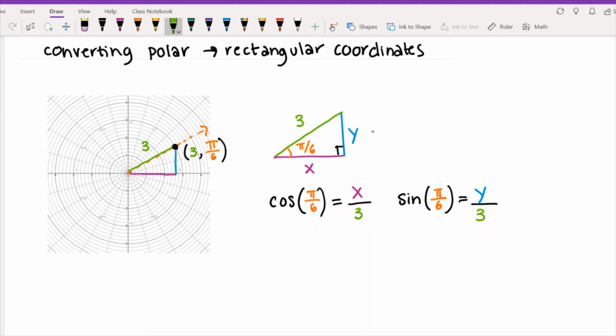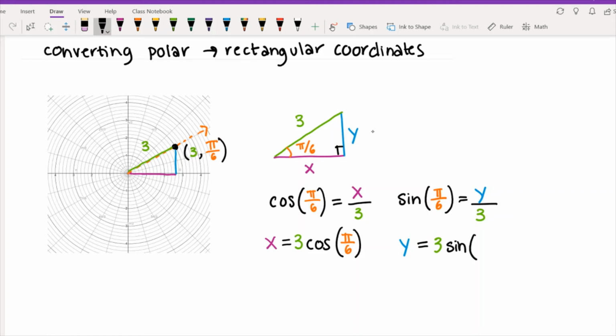So if we're looking to find x and y, well, we can find those by saying x is equal to 3 times cosine of pi over 6. And then we can say that y is equal to 3 times sine of pi over 6.